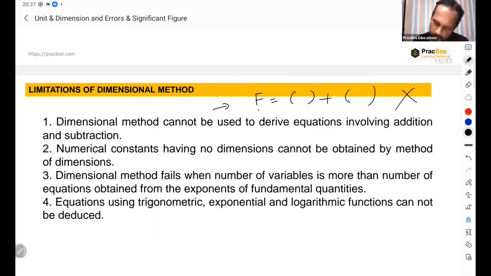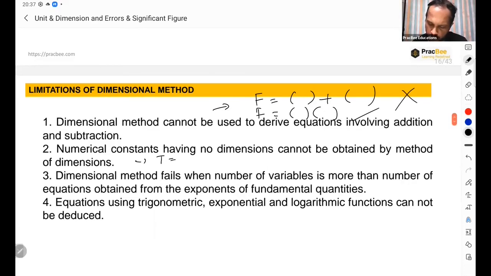Only when they are in multiplication or division can you derive. Numerical constants having no dimension cannot be obtained by this method. I derived t is equal to some constant times root of L by g, but I was not able to find the value of K. That is the limitation of this method.